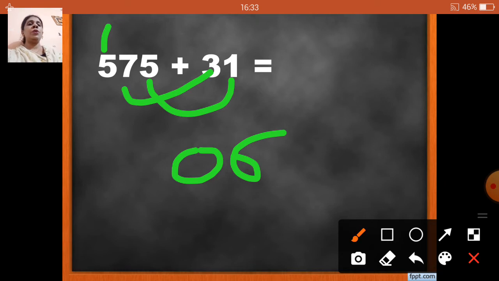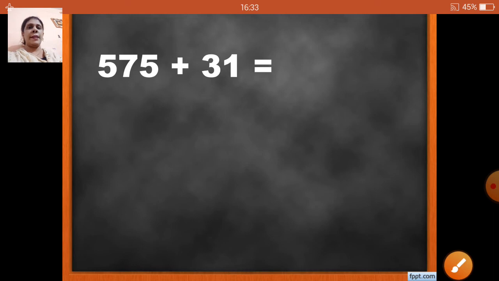So, 5 plus now 1 we will add, because we are not having any other number in the hundreds place. So, 5 plus 1 will be 6. So, 575 plus 31, what answer do we get? 606. Let us move to the next.